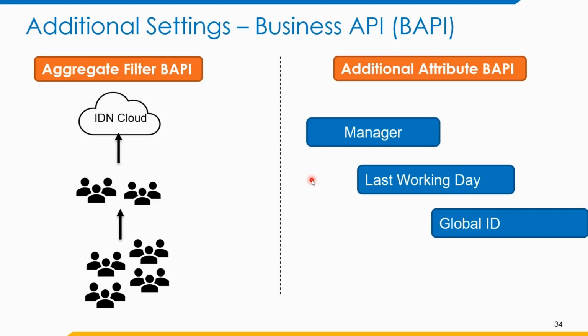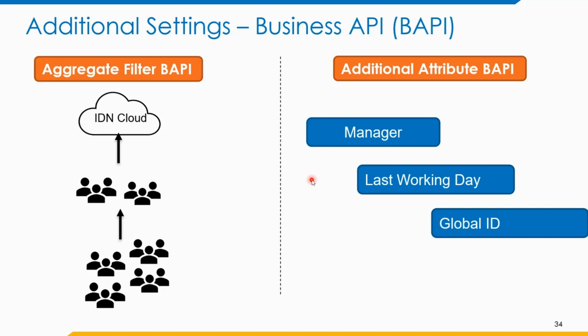If we don't want to aggregate all the employees, and we want to aggregate only employees matching a specific condition, such as status, termination offset, future offset, or mode of aggregation, we can. Based on this status we can aggregate the users, along with the termination offset and future offset that were already discussed. So these BAPIs can be used to customize and filter the aggregation operations to SailPoint IdentityNow.